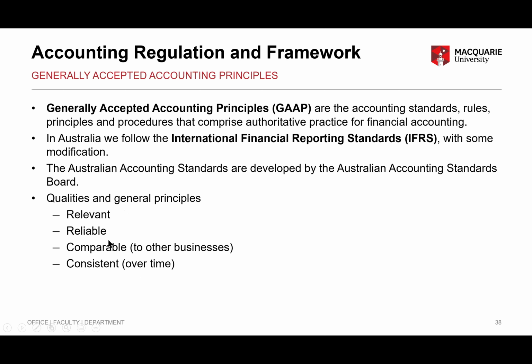They have to be reliable, so they need to be accurate with no errors. They need to be comparable to other businesses, and they need to be consistent over time. So these are important principles that need to be followed in these reports. We've just looked at that very briefly, and we'll go into more detail about that later on.